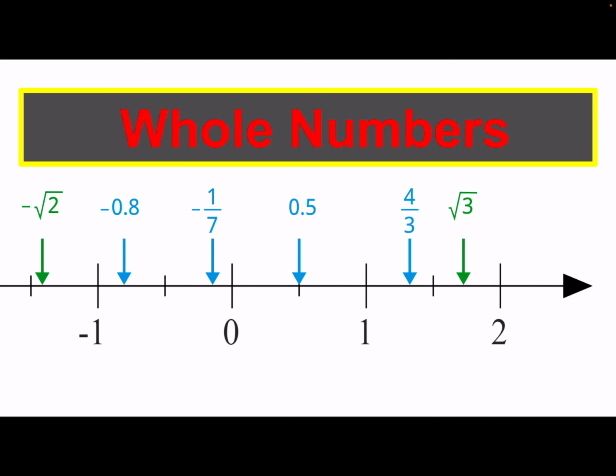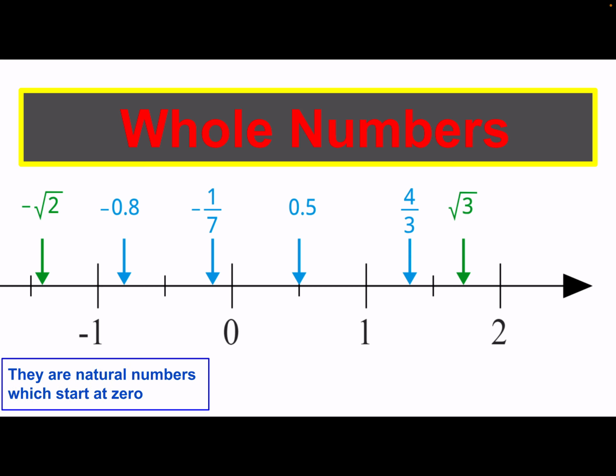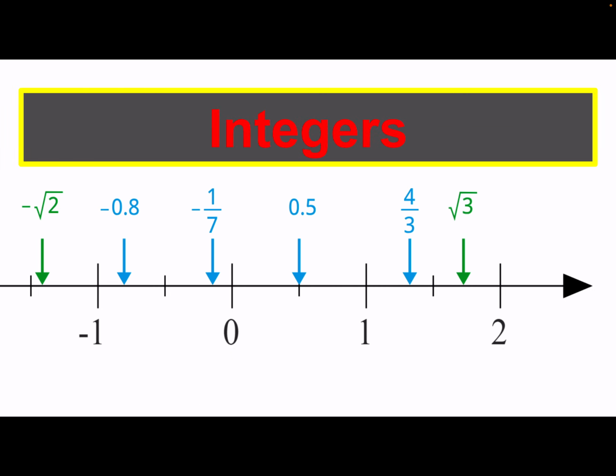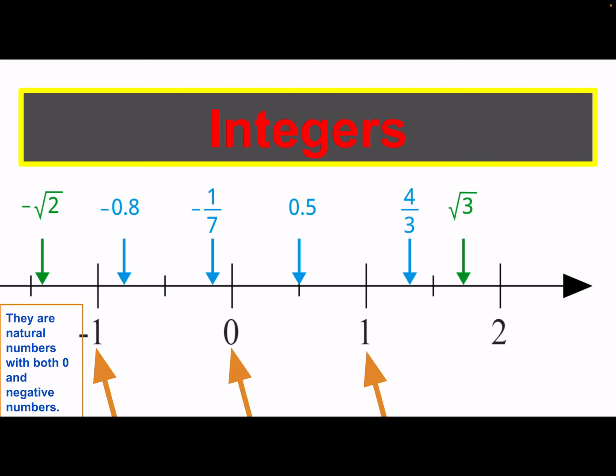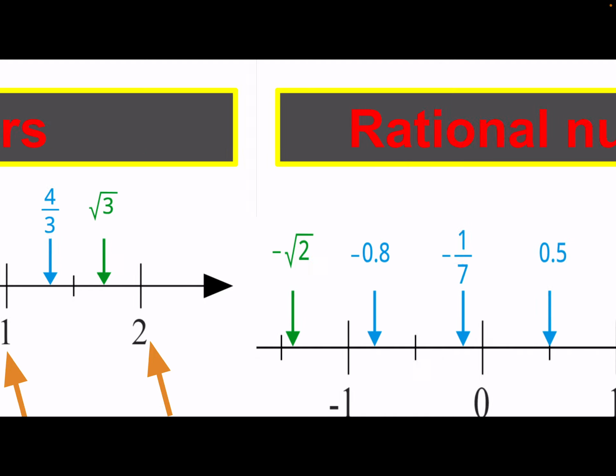Whole numbers. They are natural numbers which start with 0. 0, 1, 2. Integers. They are natural numbers with 0 and negative numbers. So -1, 0, 1, 2.